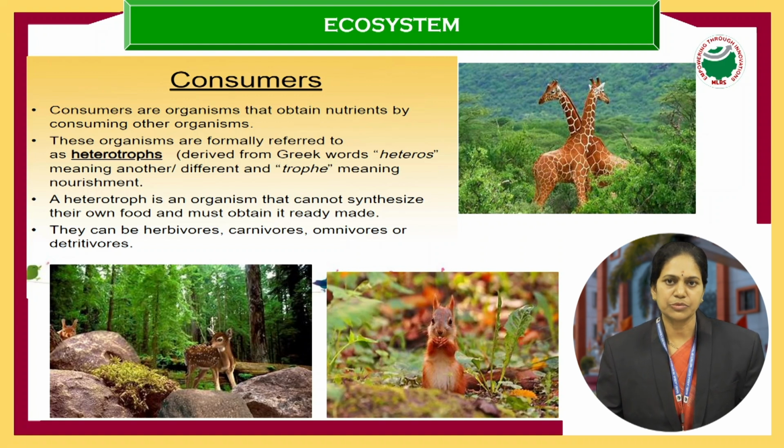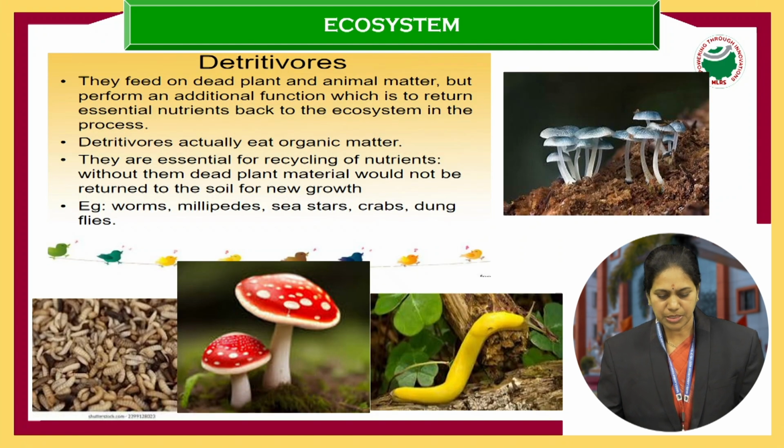Then we have carnivores, of course, the flesh eating animals. Then we have omnivores, which eat both. And of course, the detritivores, or decomposers; we cannot forget them. They are also called reducers, and they are responsible for making our earth clean. Detritivores feed on dead plant and animal material.